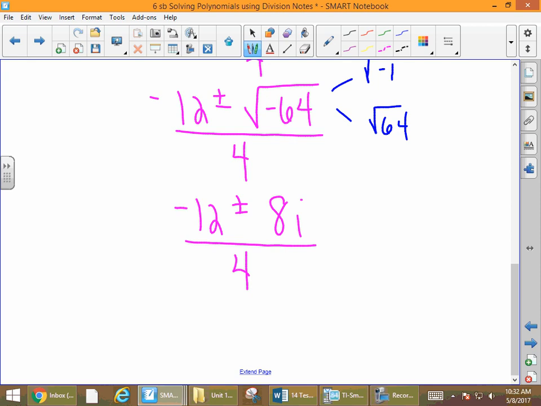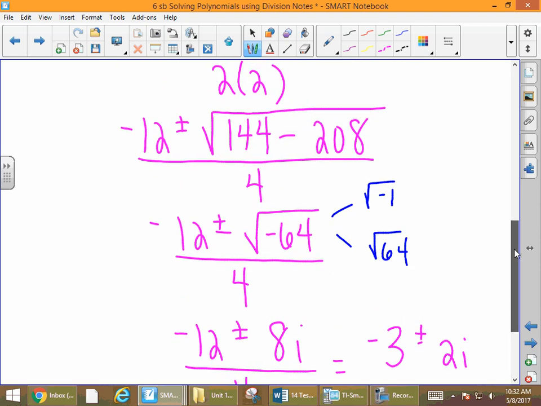And as we look to finish here to find all 4 of the roots, what I hope we notice is that negative 12 is divisible by 4, and 8i is also divisible by 4. So we can simplify this one last time. Negative 12 divided by 4 is negative 3. 8i divided by 4 is 2i.